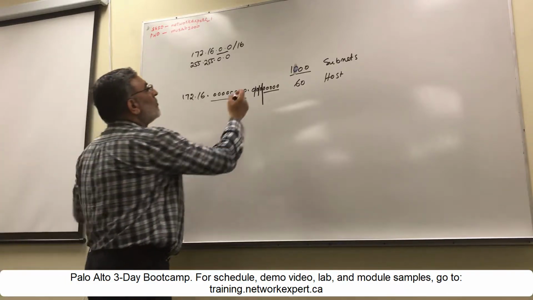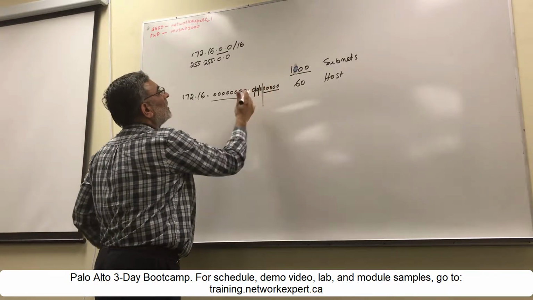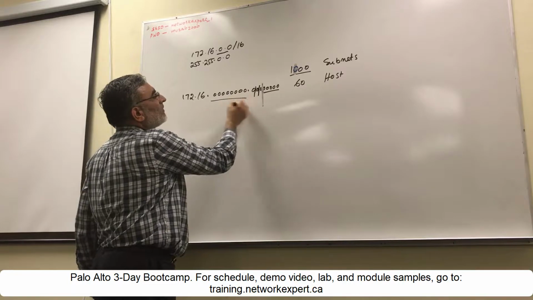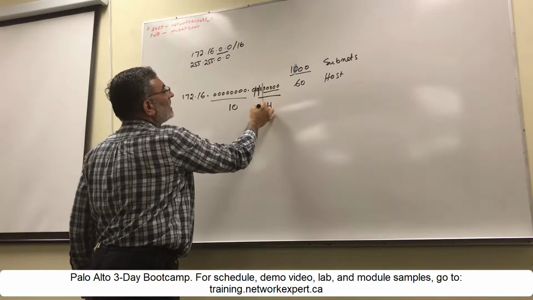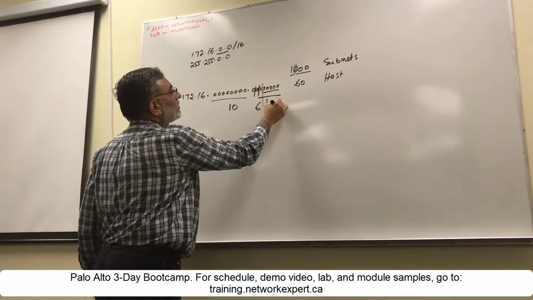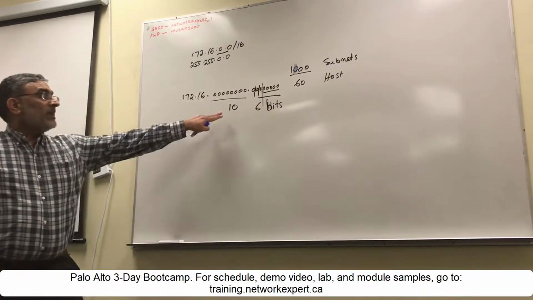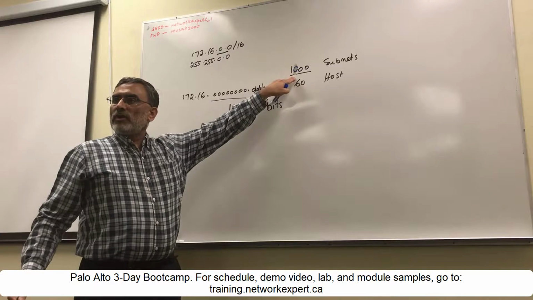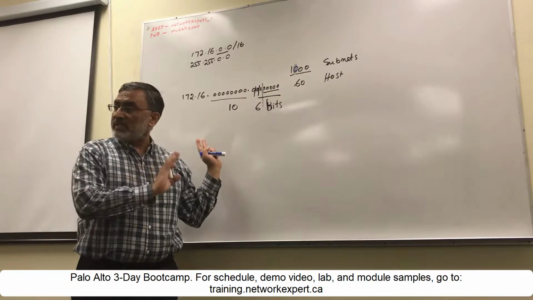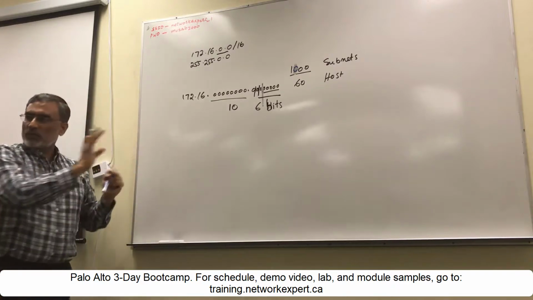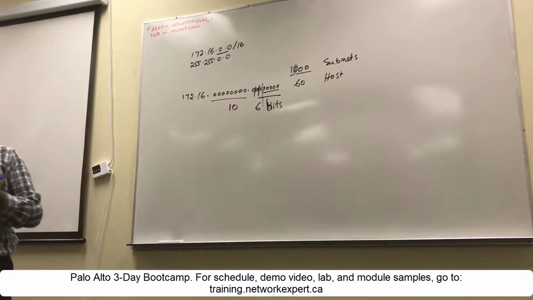If I move 10 bits into the network portion and 6 bits are left in the host portion, that will meet the requirement. 10 bits will give me 1024 subnets, 6 bits will give me 64 hosts, so that meets the requirement. I'm going to erase it so that we can start clean.